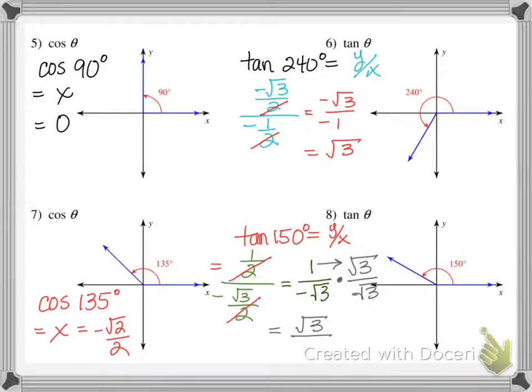Negative square root of 3 times square root of 3, well, that's just going to be negative square root of 9, which is just negative square root of 3 over 3. Most of you guys don't even do this step here. I was just showing you why it ends up being just 3.